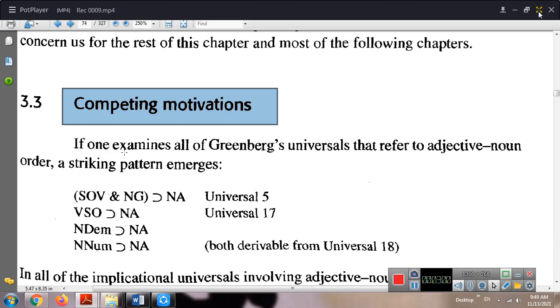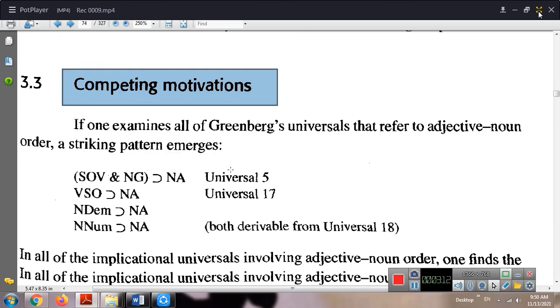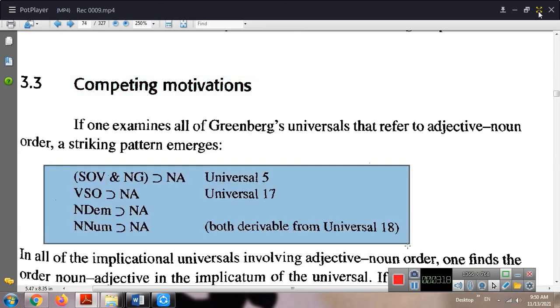If one examines all of Greenberg's universals that refer to adjective-noun order, a striking pattern emerges. Here we have some of Greenberg's universals.